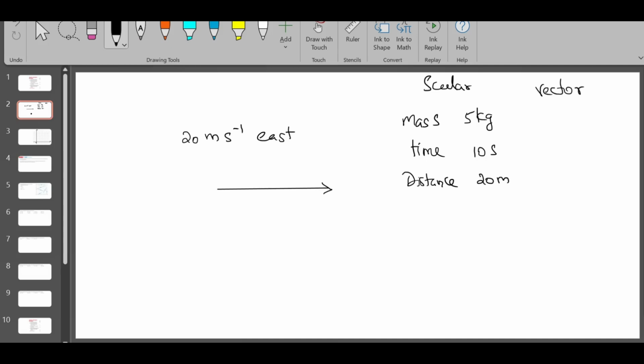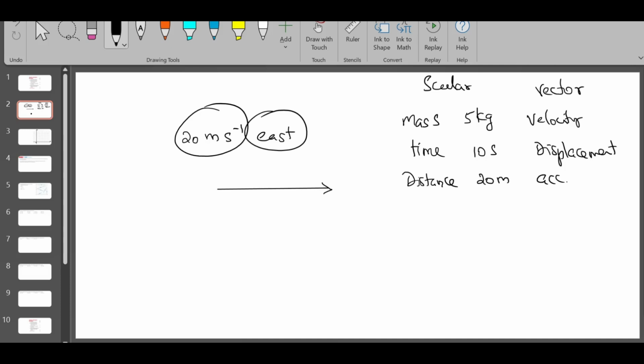For vector quantities, let's say velocity, we need this with the direction. Or displacement, or acceleration. These are all some examples of vector quantities. So in scalar you don't need to worry about the direction, but in vector we have to mention the direction. We need to know in which direction, right?